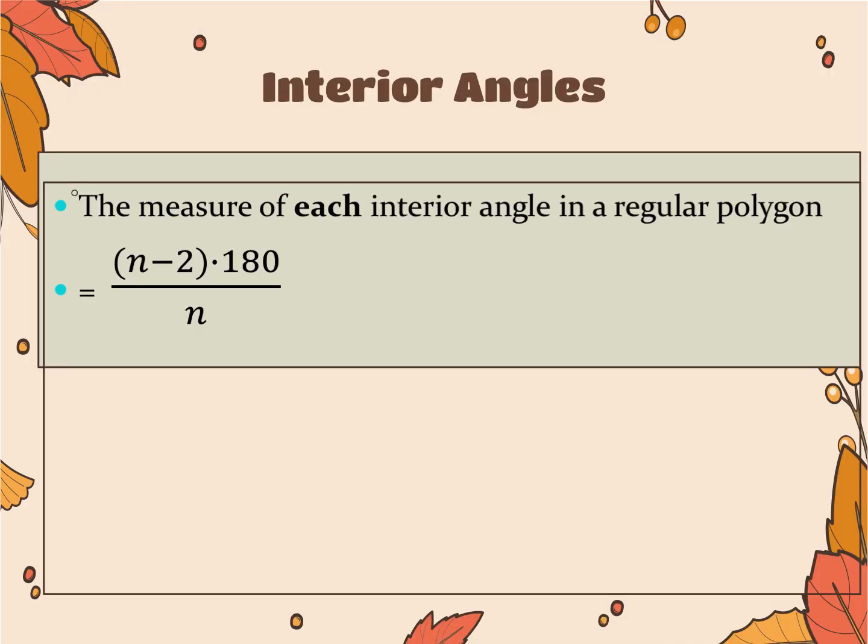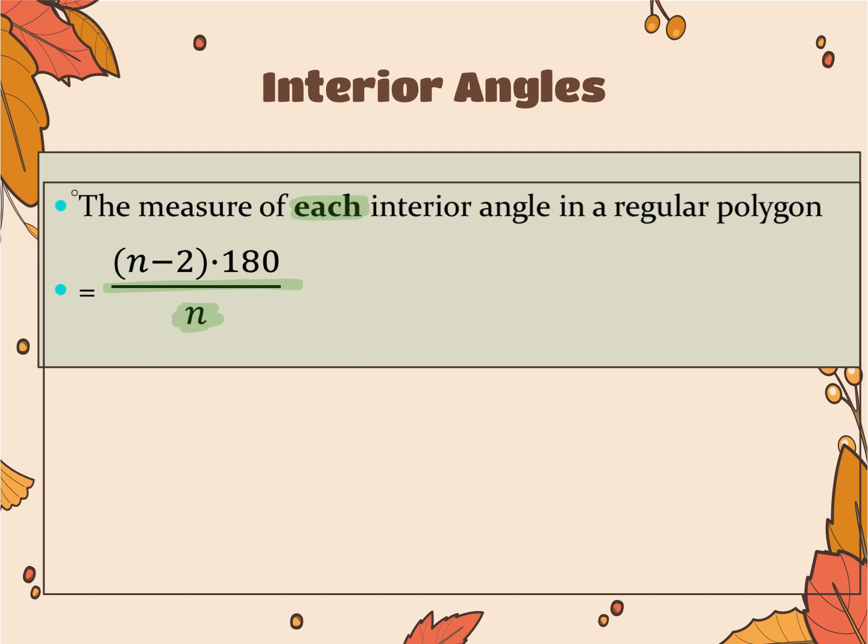All right, now look at it. Again, it's highlighting the word. It says the measure of each interior angle in a regular polygon. It's not asking for the sum, it's asking for each. So for this, the only difference is you are dividing by the number of sides. So giving you an example for this question.